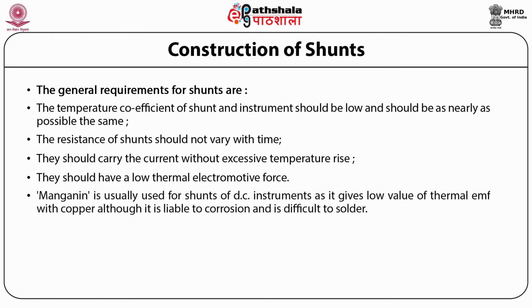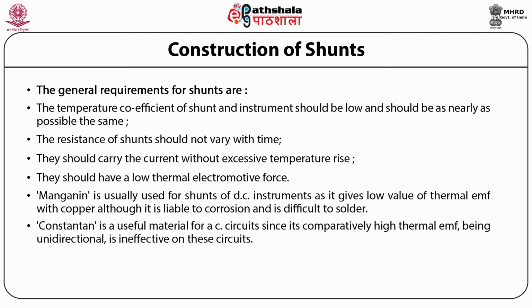Manganin is usually used for shunts of DC instruments as it gives low value of thermal EMF with copper, although it is liable to corrosion and is difficult to solder. Constantan is a useful material for AC circuits since its comparatively high thermal EMF, being unidirectional, is ineffective on these circuits.